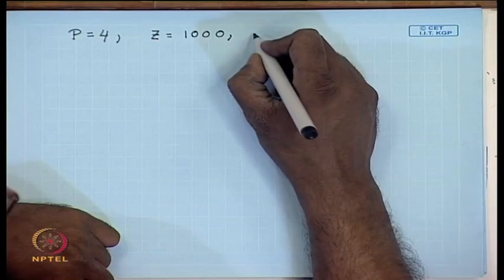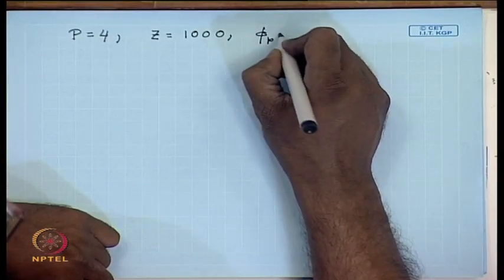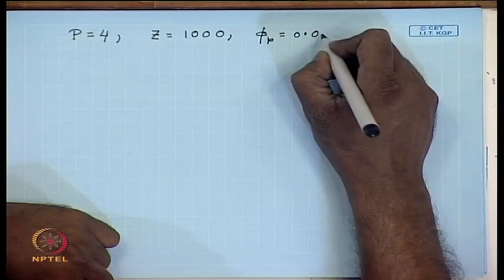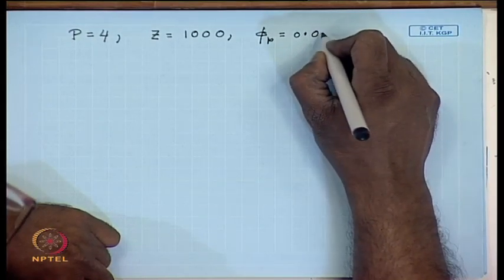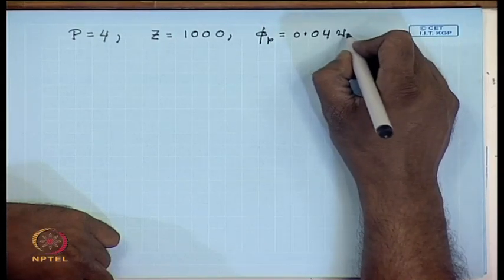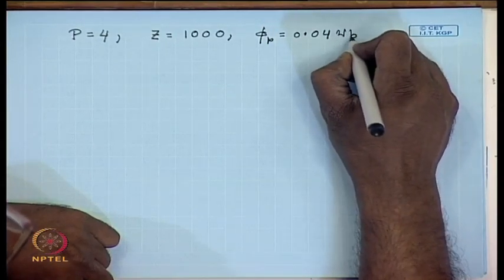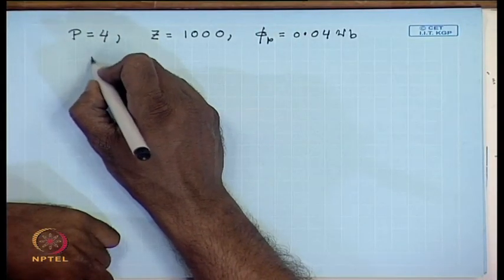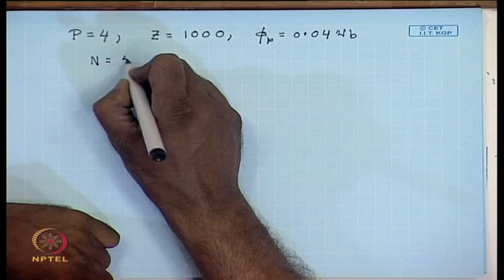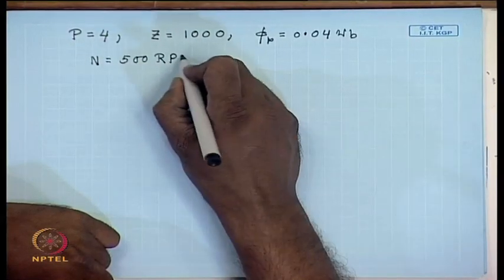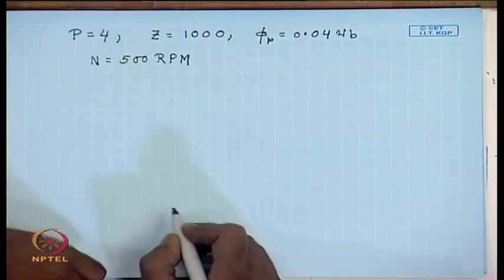The flux per pole phi p equal to 0.04 Weber, and the machine is rotating at a speed n equal to 500 rpm. So, what will be the induced voltage?